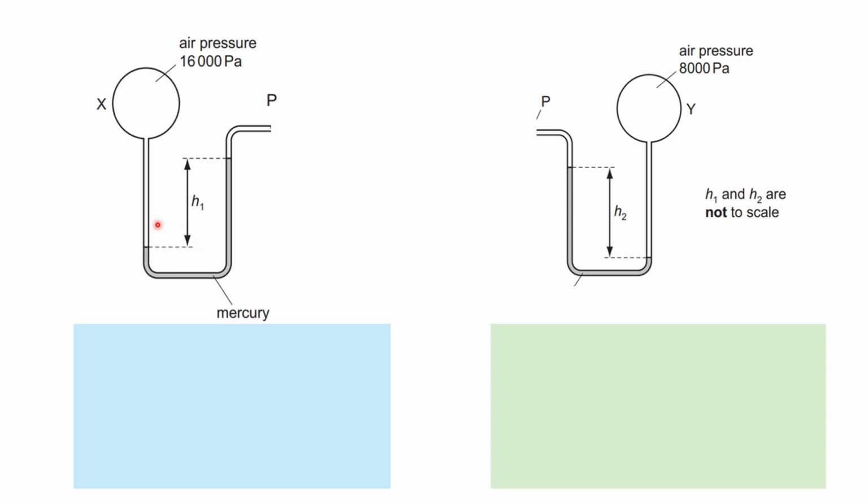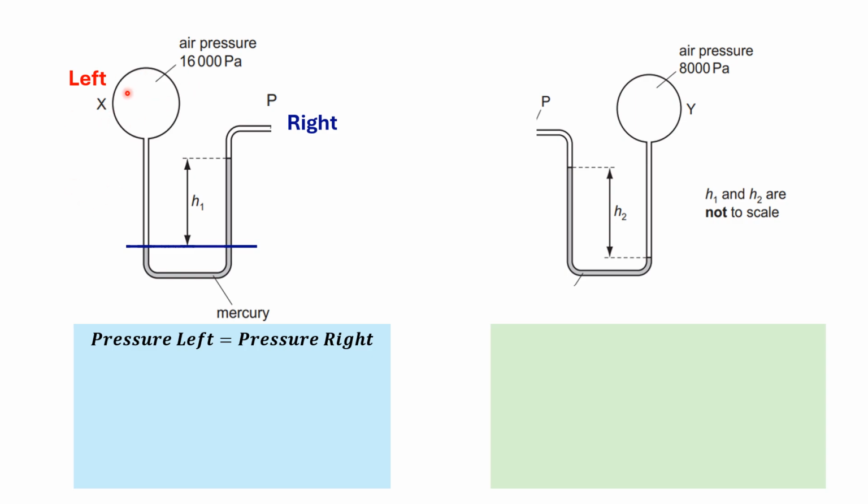So let's first find a line with the same pressure level and identify the left and the right side of this tube. Because this fluid is in equilibrium, the pressure on the left is equal to the pressure on the right. So what do we have above this line on the left side?